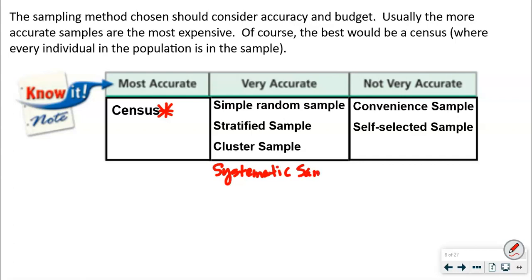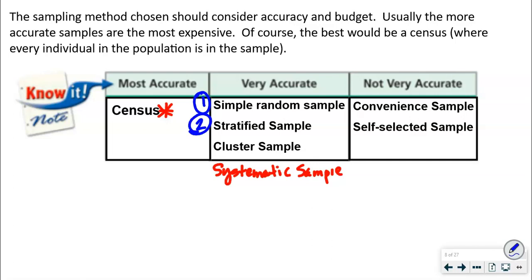So we're going to actually number these, okay? Our most accurate would be simple random because, again, it's very random, okay? Stratified, if you recall, is we are surveying the same number of people in all different types of groups, okay? So this would be our second most. And then cluster is basically doing a group of people, okay?